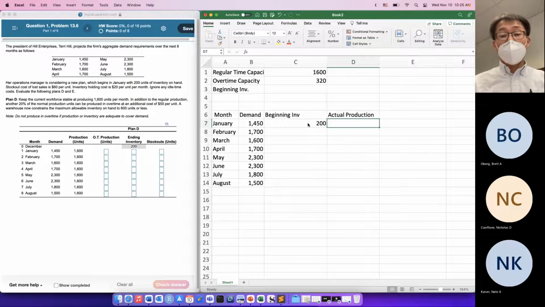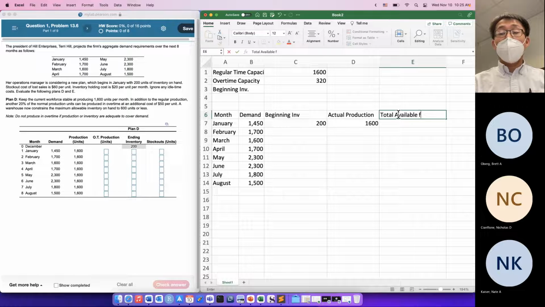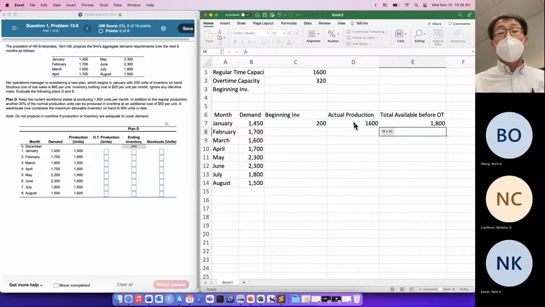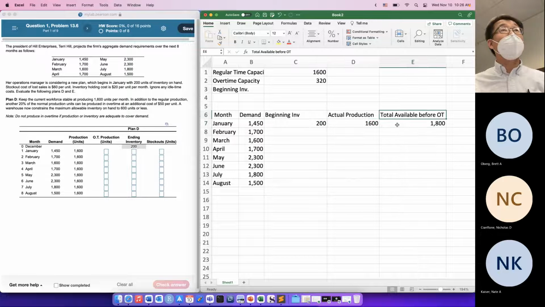My actual production is going to be this one with absolute reference. And then your total available before overtime, which is going to be the sum of those two. Is there anything else we should consider for total available inventory?